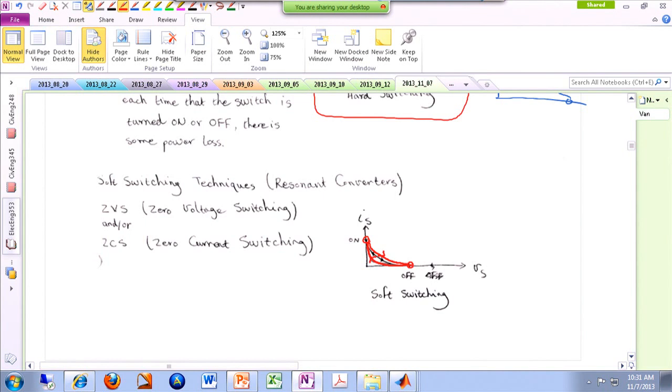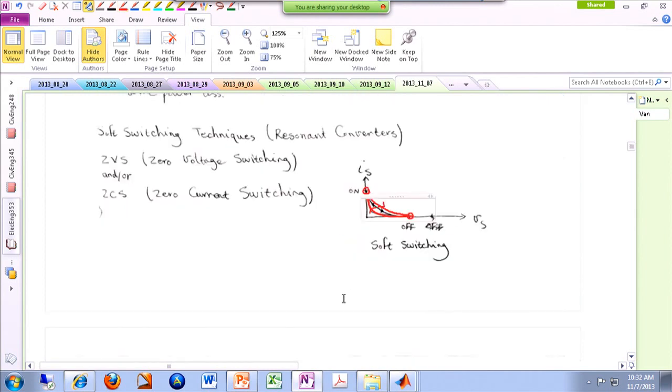So that's why it's called soft switching, doing things soft. For instance, let me draw it over here. If you focus on the voltage of the switch, and then the current of the switch.